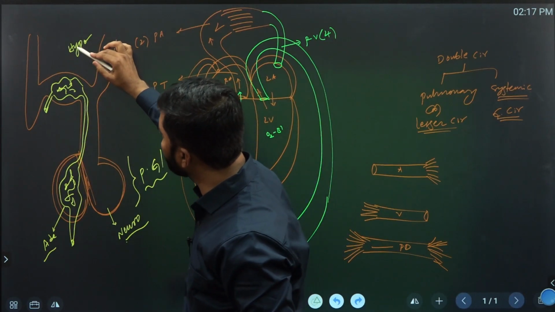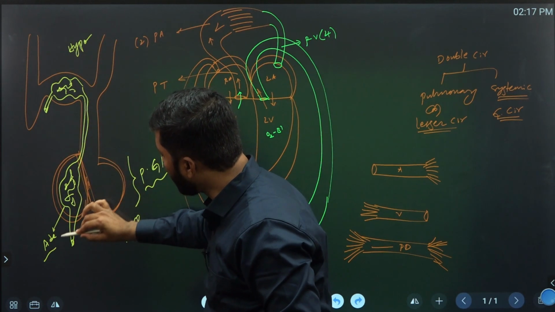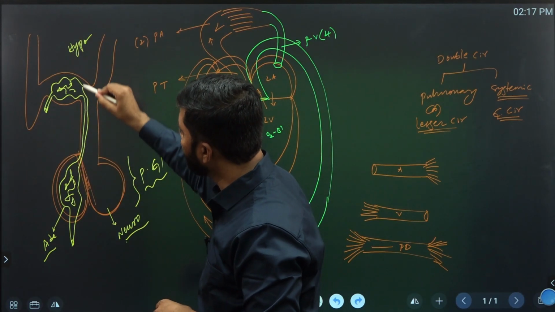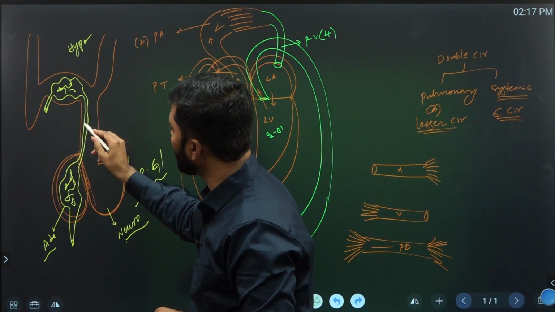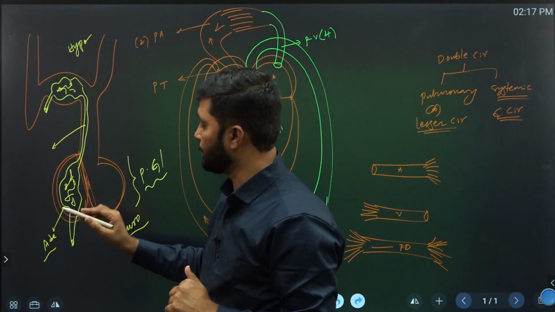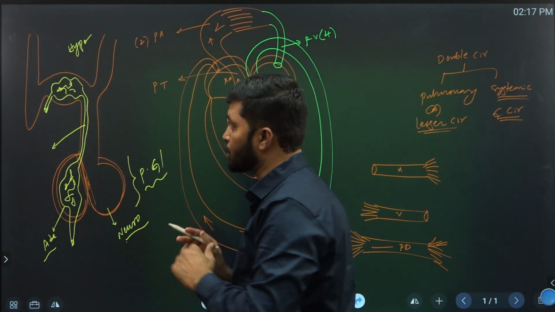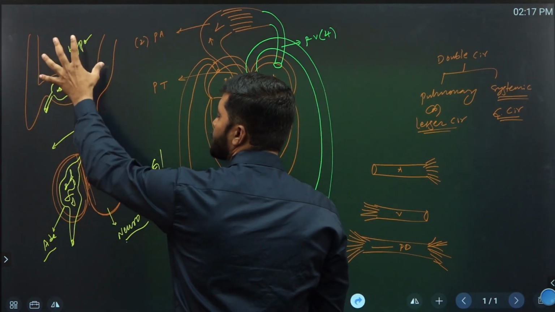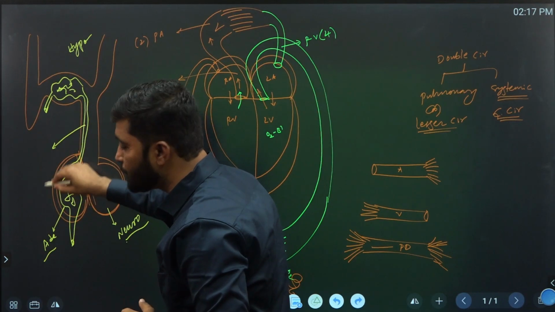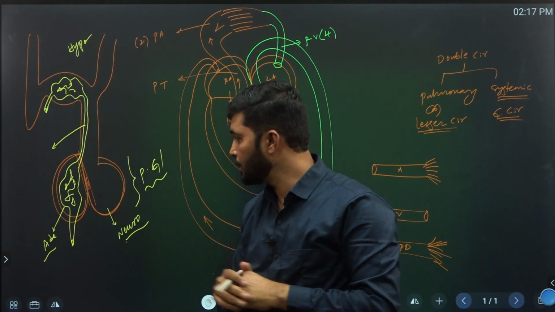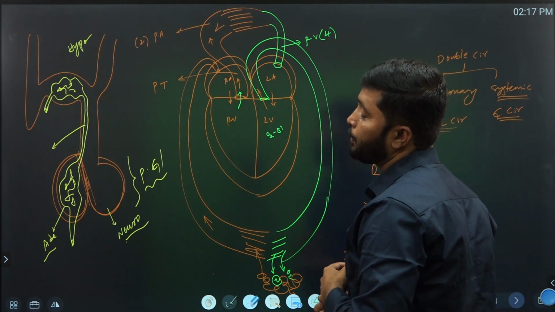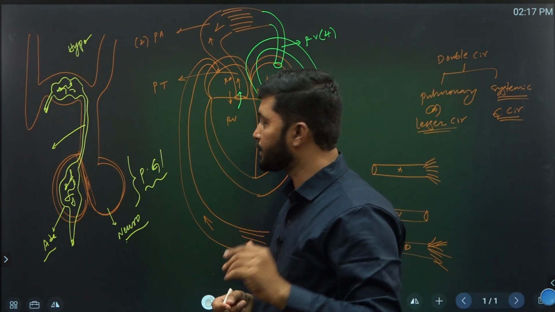In between the hypothalamus and the adenohypophysis of the pituitary gland, there is a portal circulation called the hypothalamo-hypophyseal portal circulation, which transports hormones from the hypothalamus towards the pituitary gland, right.